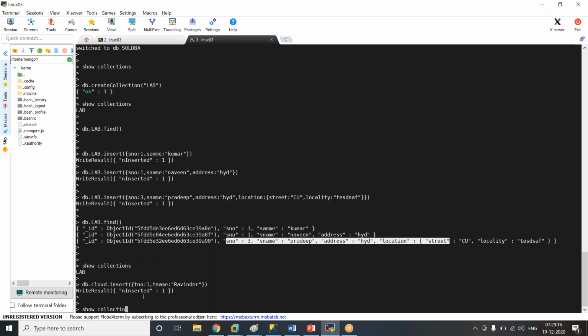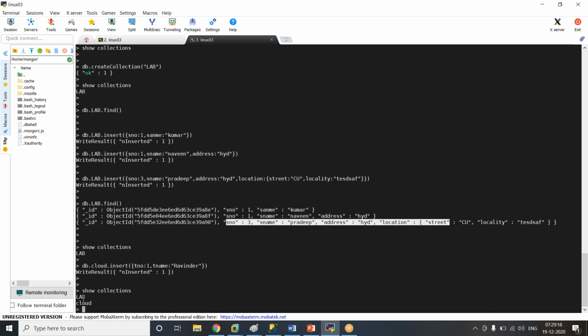If you see the collection names, it created the collection on the fly. This collection did not exist, the table itself did not exist, and you tried to load the data. It created the table on the fly and took the data. So there is no structure definition in MongoDB. It can just accept whatever data you try to load into the system.